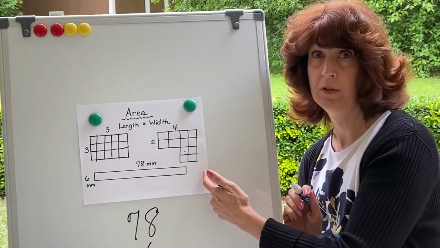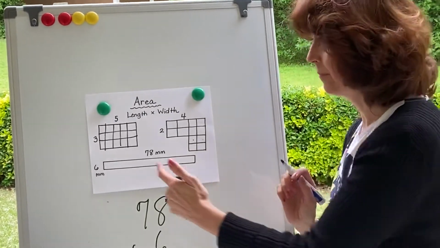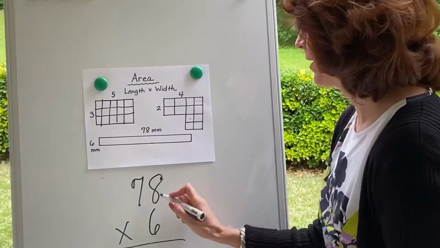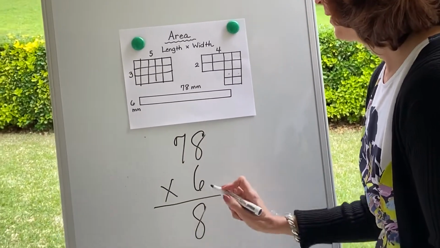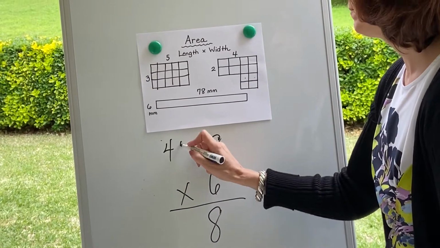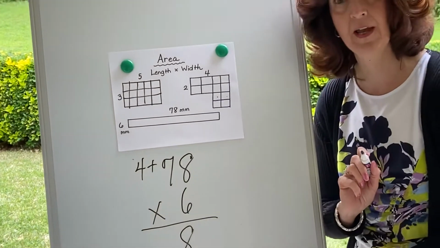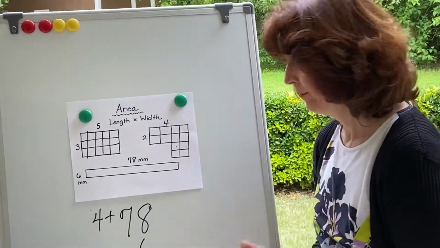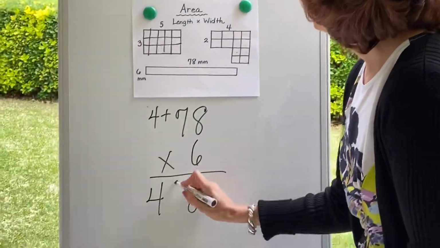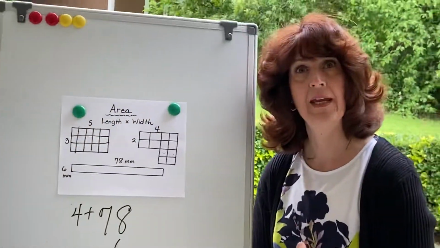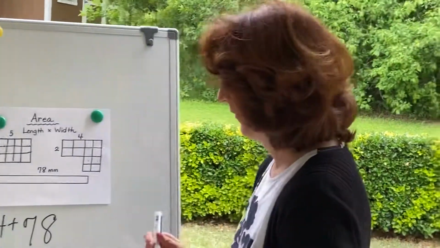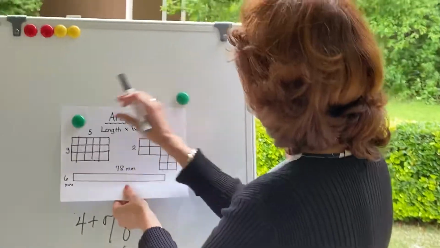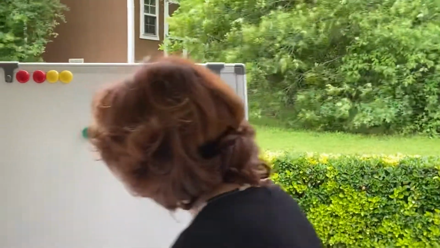I suppose you could, but that would take you a very long time. Try your length times width. 8 times 6, 48. Carry your 4. 7 times 6, 42. Plus 4, 468. That's your answer. And on to our final topic for today.